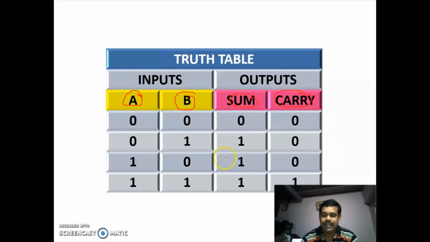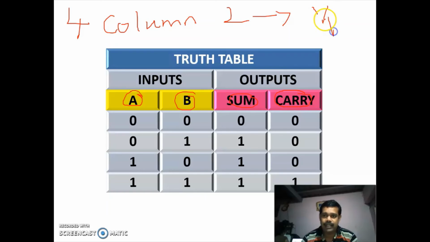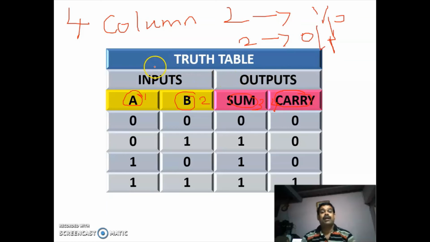So our truth table must have four columns: two for inputs and two for outputs.